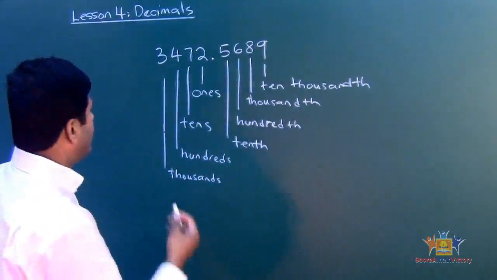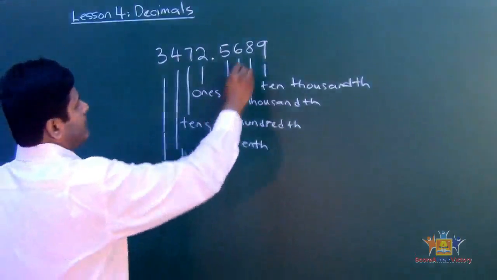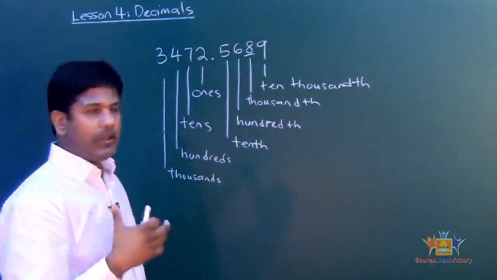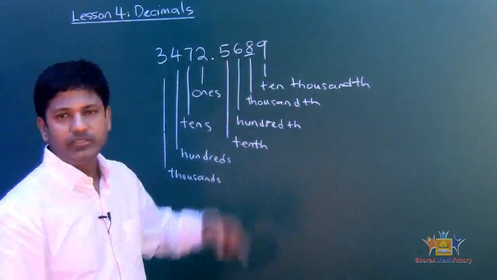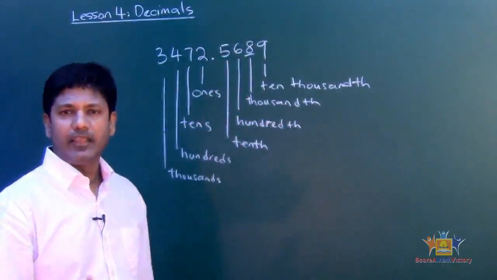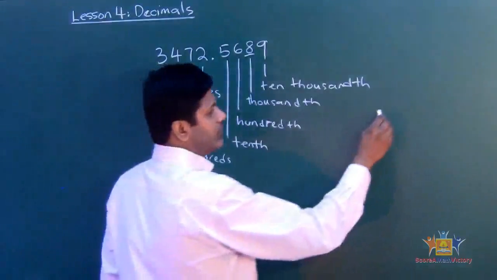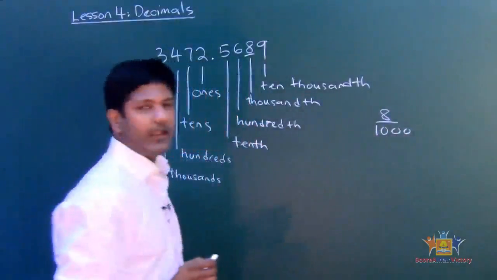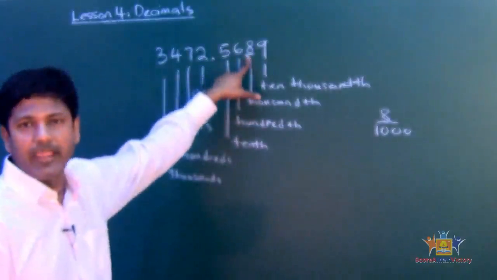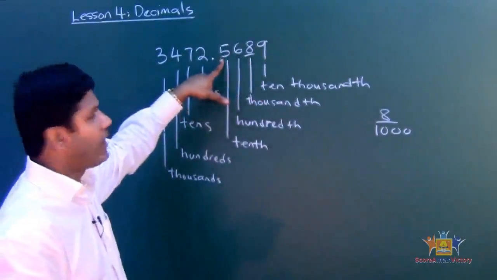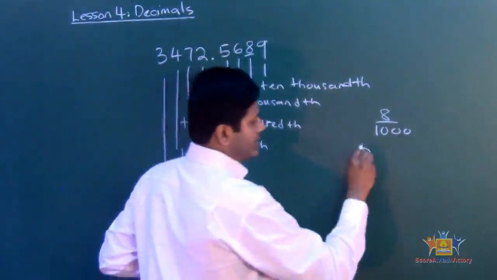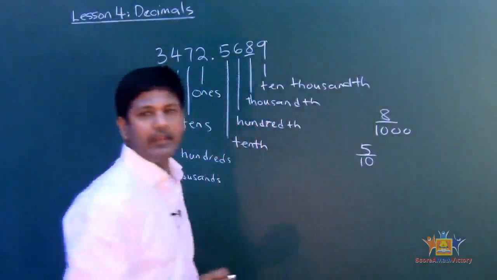Now, if I pick a digit, for example 8, what is the value of 8? It will be 8 thousandths, which means 8 over 1,000. That's the place value for 8. If I pick 5, it's 5 tenths, which is only 5 over 10.